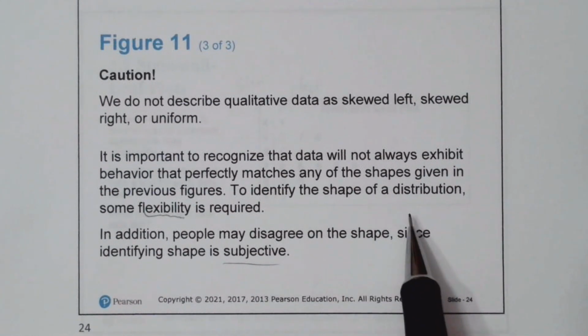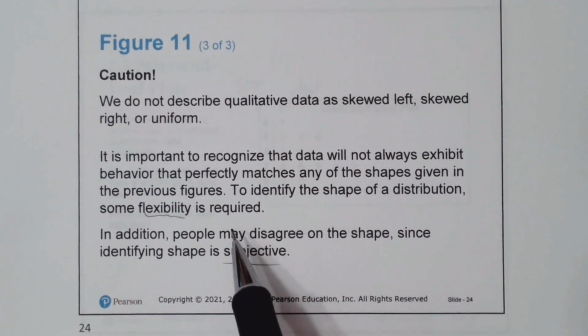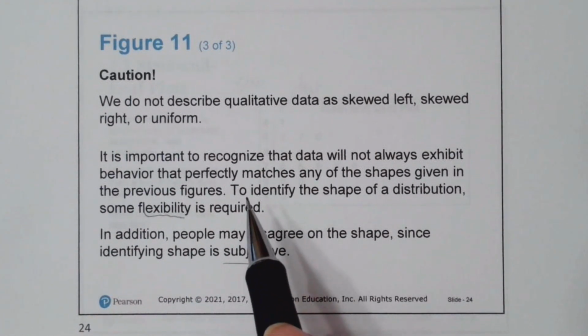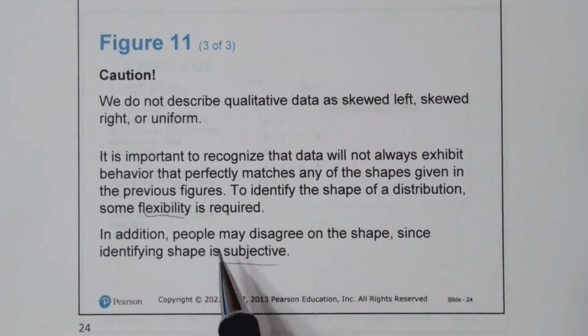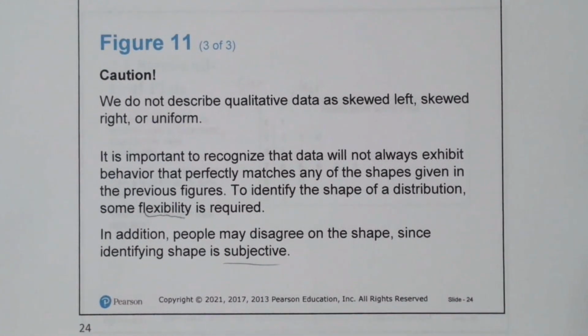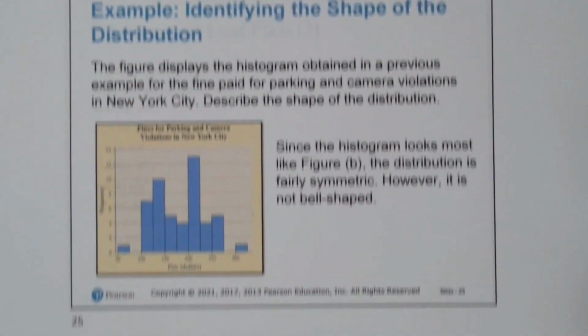To identify the shape of a distribution, some flexibility is required. It's not always obvious that it's one of these four, and I would say it's debatable sometimes, and that's what they're saying here. People may disagree on the shape, since identifying shape is subjective. All right, let's move on to the next slide.